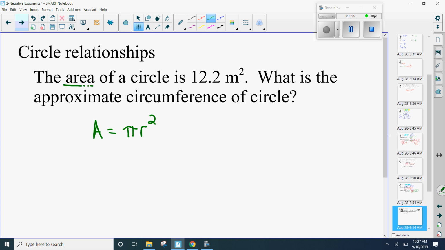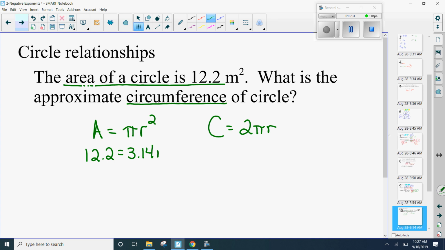The first thing, area of a circle is 12.2. And they want to know what is the circumference of the circle. Circumference is 2 pi r. So they give you the area, 12.2. Divide by pi.